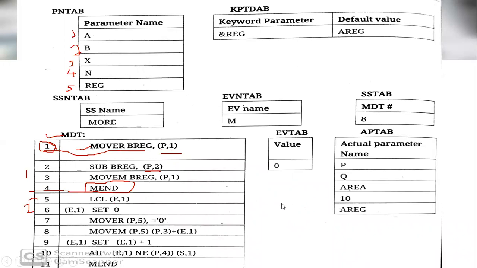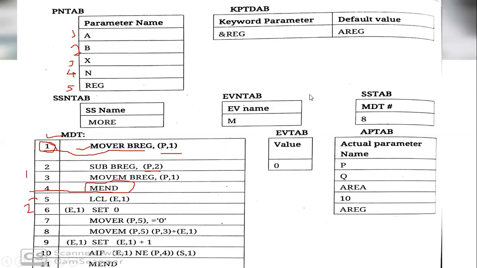Okay, that is nothing but the task of that macro preprocessor, and the data structure used corresponding to that of the macro preprocessor. This is nothing but the example, same example can be asked during the examination for 5 marks. Draw the different data structures corresponding to that of the given program with macro.